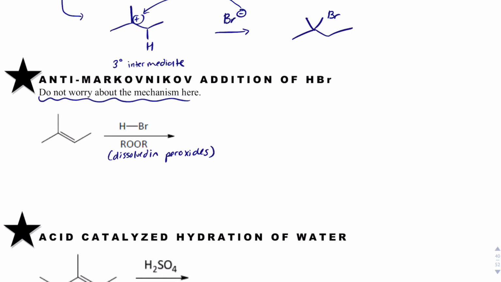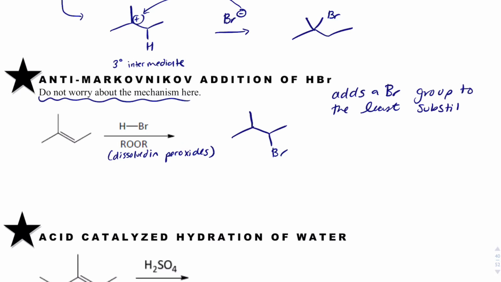So what this is going to do is add a Br group to the least substituted carbon. Okay, we're not going to worry about the mechanism here. We don't have the background info to understand free radical chemistry just yet.